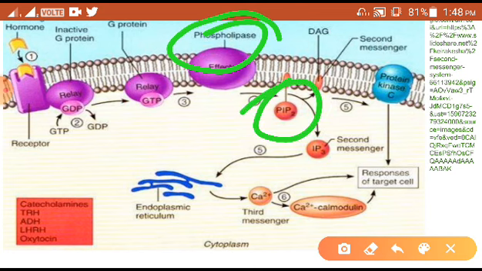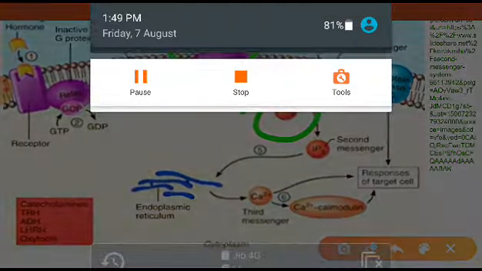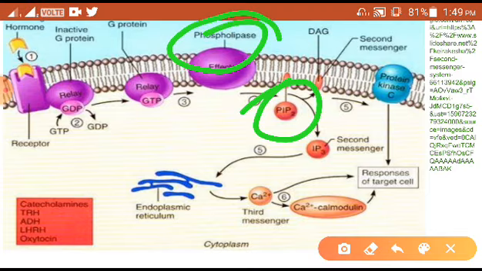Okay. Now this phospholipase will hydrolyze PIP2 and convert it into two molecules. One is DAG, you can see here, and another one is IP3. Okay.